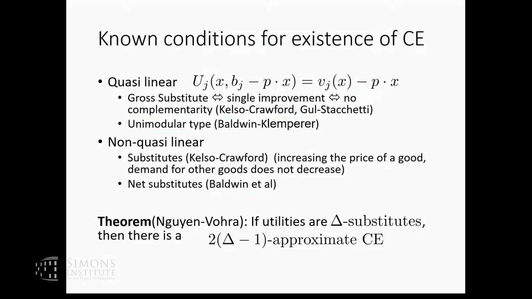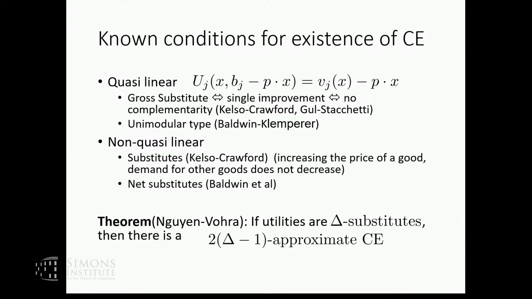A recent paper by Nguyen and Vohra shows that this notion of unimodular type for preferences in the quasi-linear case also guarantees the existence of equilibrium. In the non-quasi-linear case, we know the notion of substitutes.